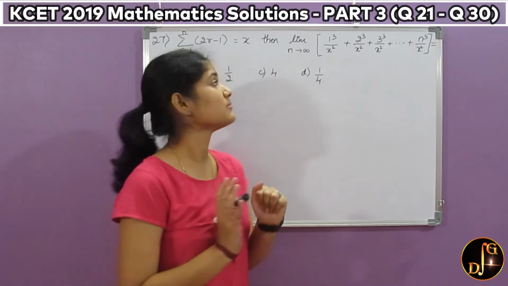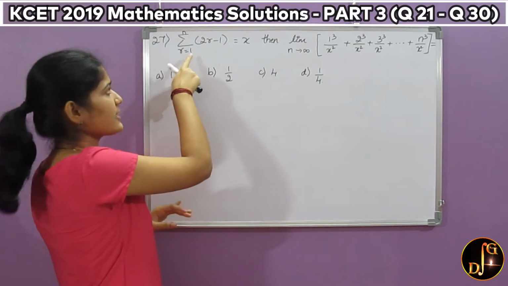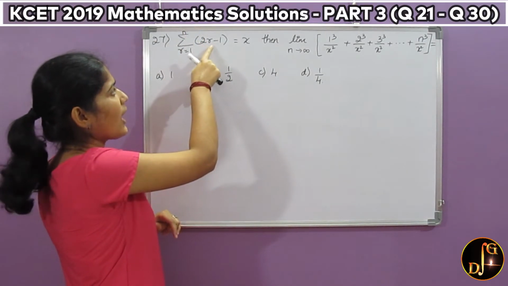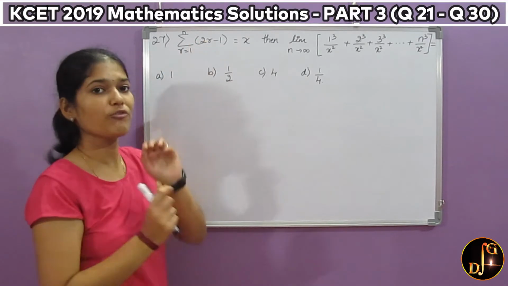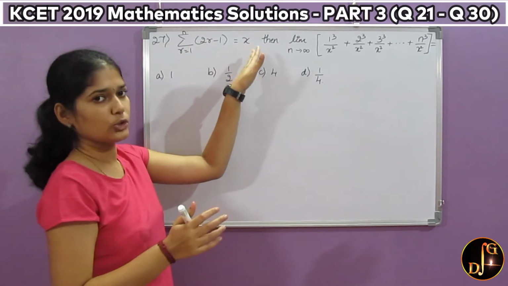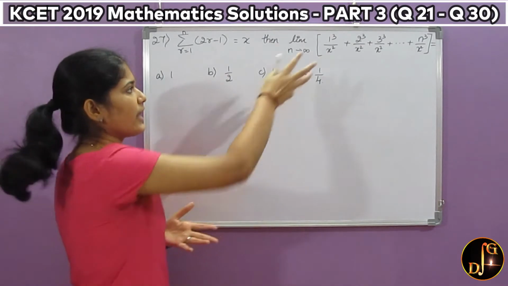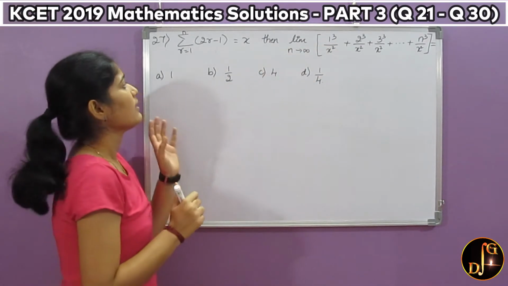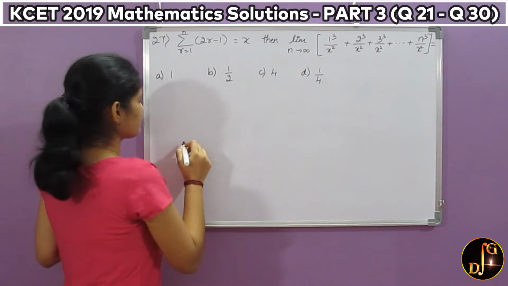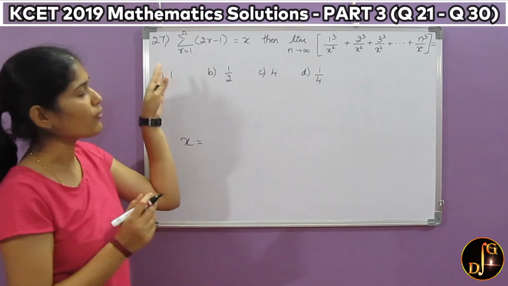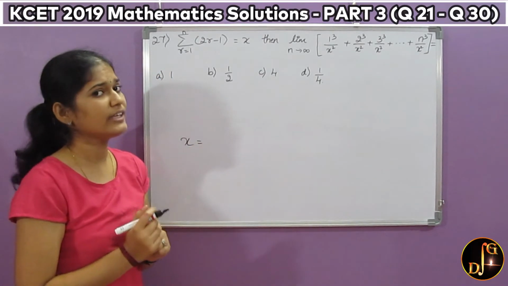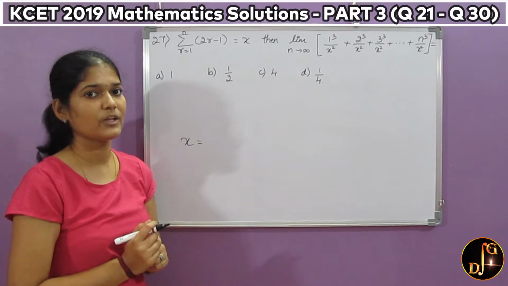In this problem, they have given summation r is equal to 1 to n of 2r minus 1. That means summation of odd numbers, that is equal to x. Then we have to find this limit. Here x means summation of odd numbers up to n. We know the sum of odd numbers, right? What is it?